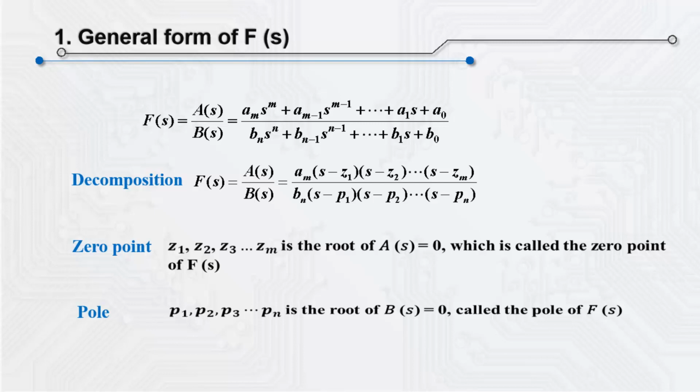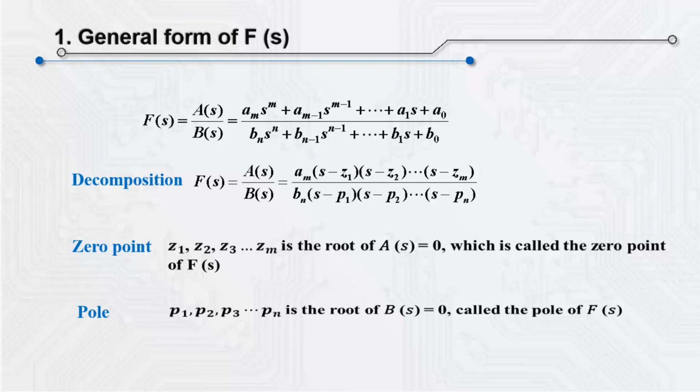According to this feature, F(s) can be equal to A(s) over B(s), where a and b are real numbers, and m and n are positive integers. When m is smaller than n, F(s) is a proper rational fraction.